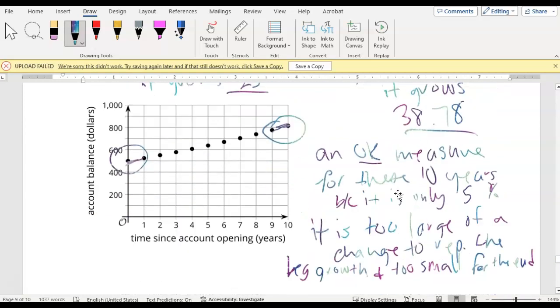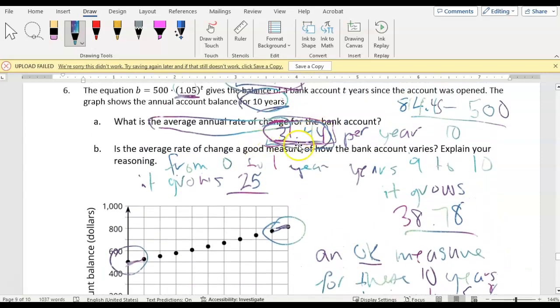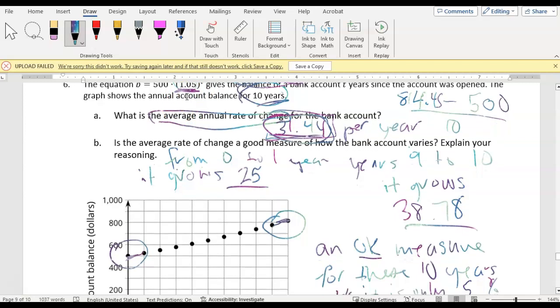And again, we talked another day about how if it's over a longer period of time, the average rate of change generally isn't a very close measurement to what's actually happening and how it's actually changing. However, because we're changing at such a small amount, 5%, we're not seeing such drastic changes.